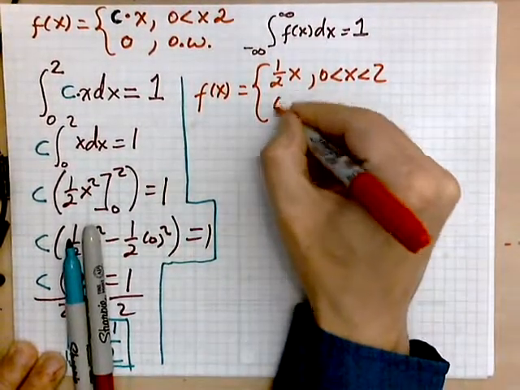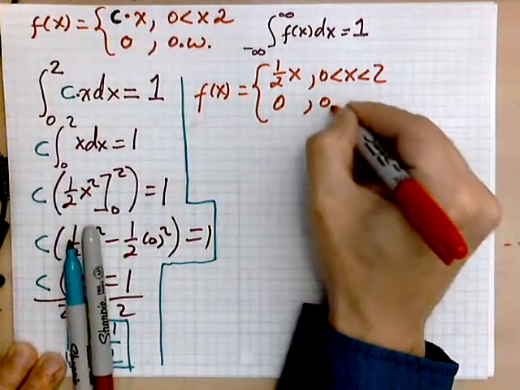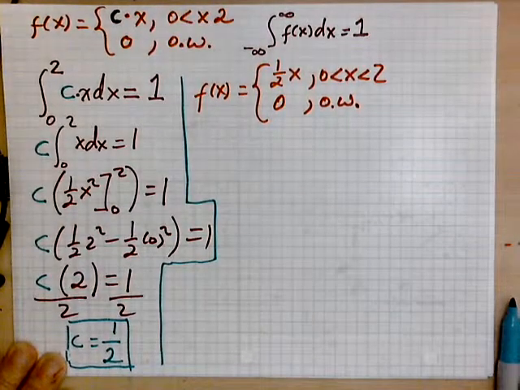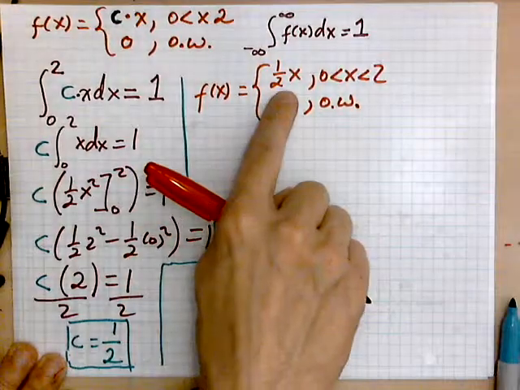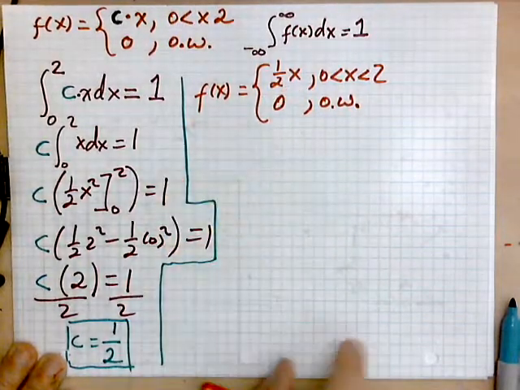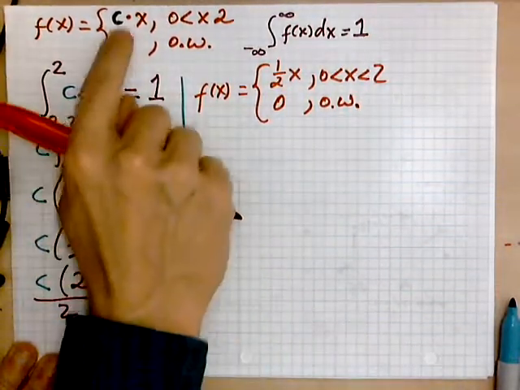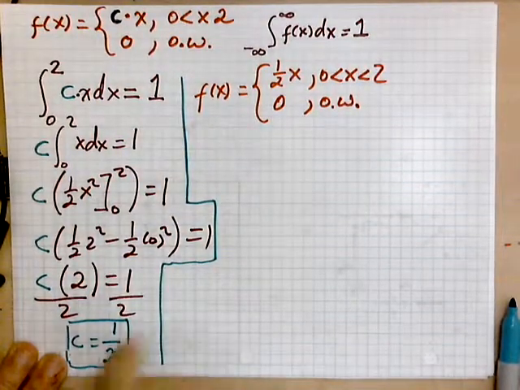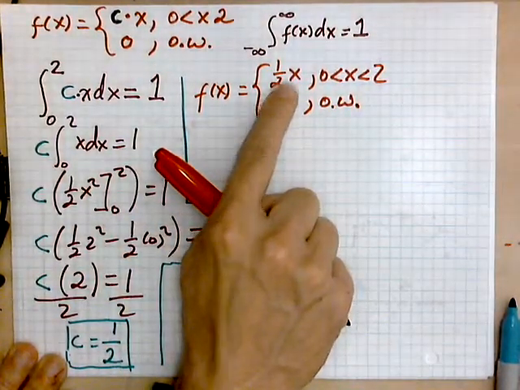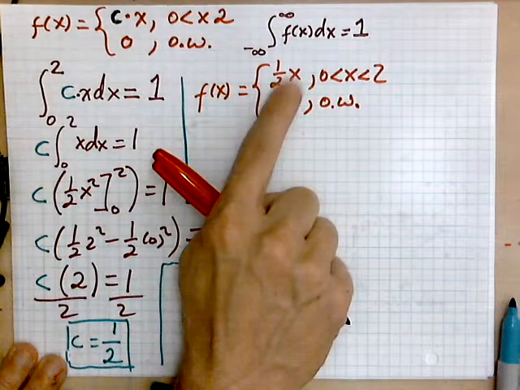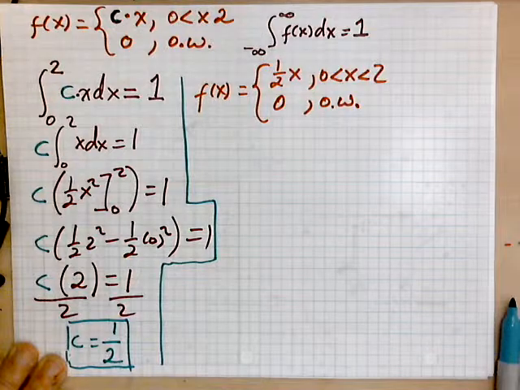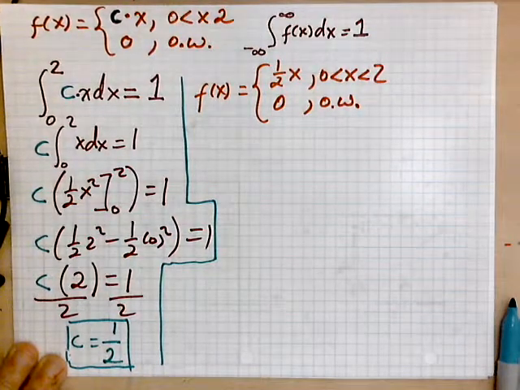And we know that it's still 0 otherwise. Okay, so this c that we have replaced is now 1/2 of x. You see? So we've gone from not knowing c by taking this step of integration and solving for c. Now we know that c is a half, and that is known as the normalizing constant because it makes the value of the area under the curve equal 1, which means the total probability, of course, is 1. That's what it means.